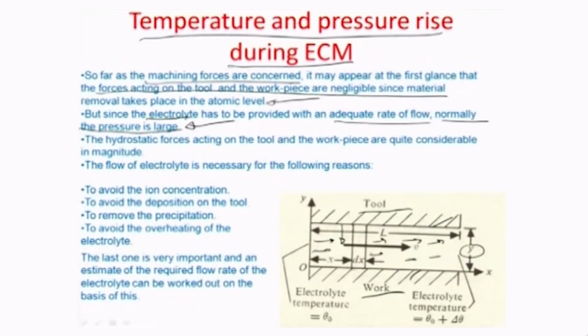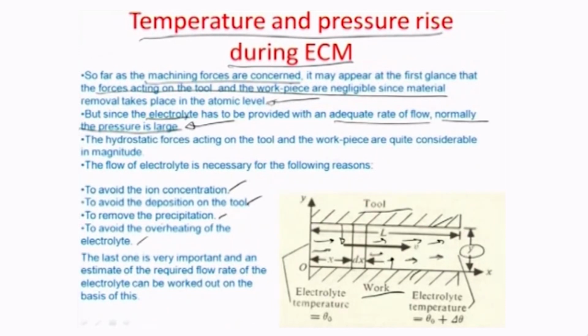Some of the reasons why flow would be preferred are to avoid ion concentration, to avoid the deposition on the tool of the electrode material that is removed, to remove the precipitation of whatever goes from the work into the electrolyte, and to avoid overheating of the electrolyte.